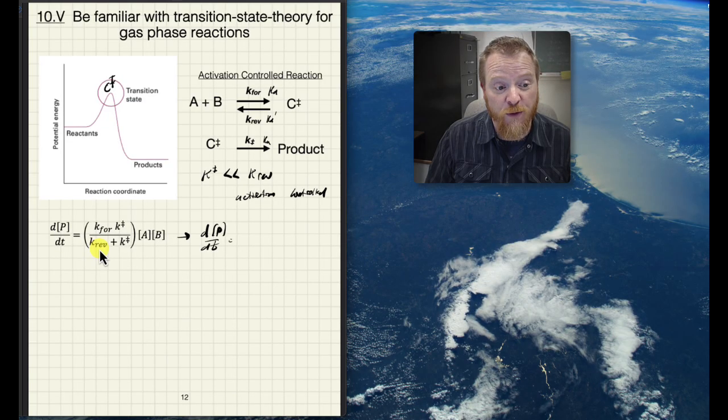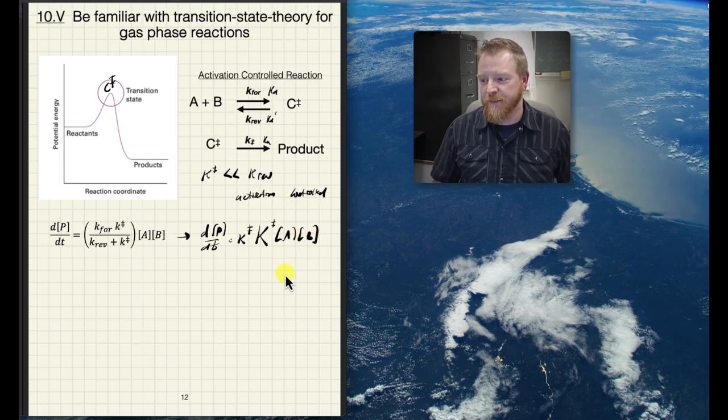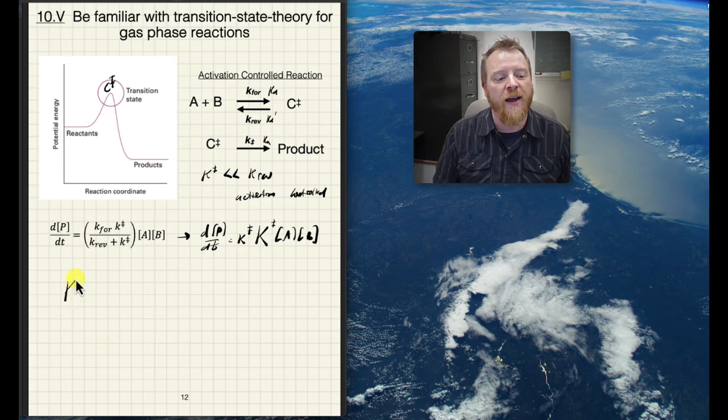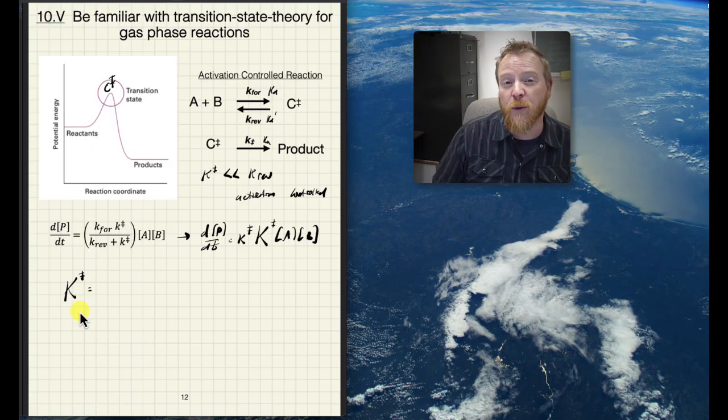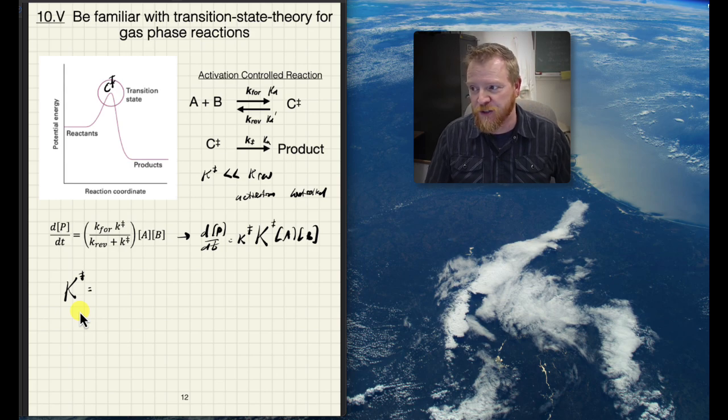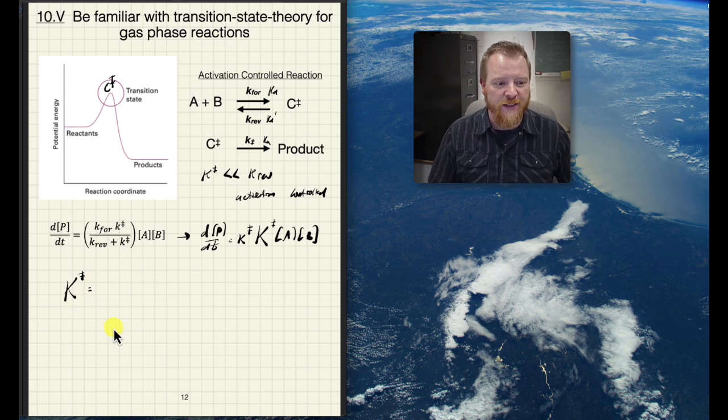K forward over K reverse becomes our equilibrium constant, and now I'm going to write this as small k double dagger times big K double dagger, all times A, all times B. And now the game to play here is to really start thinking about what this equilibrium constant is, not only in terms of its activities or concentrations, but also in terms of its statistical mechanics, so in terms of its partition functions. So as a reminder, we could write this K double dagger with the following.